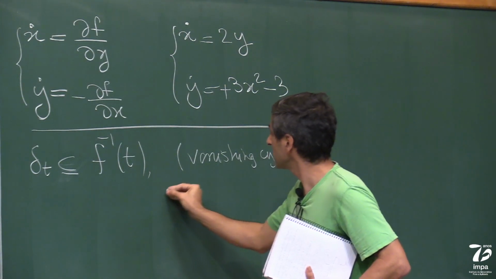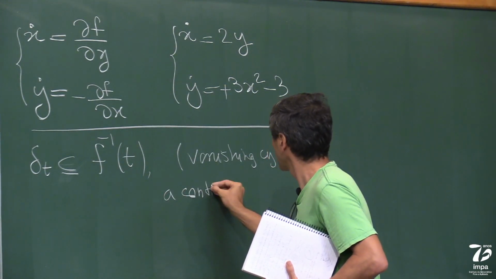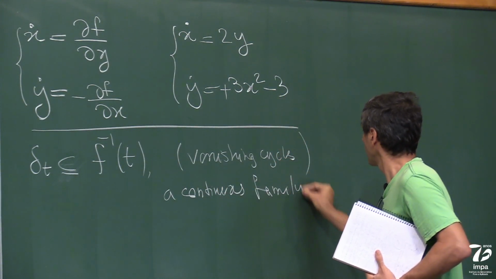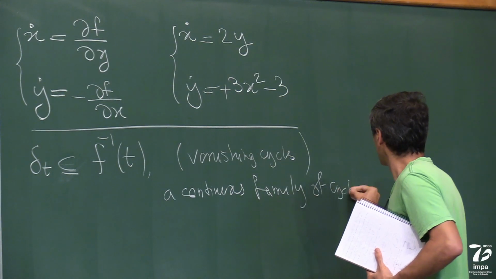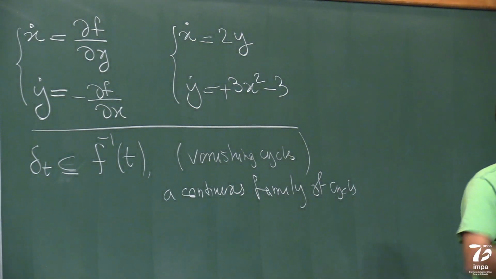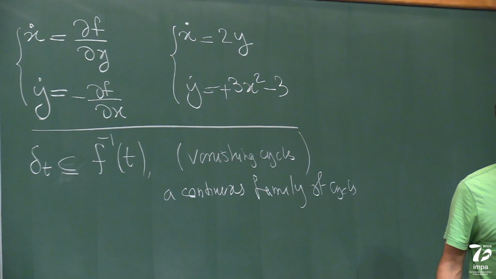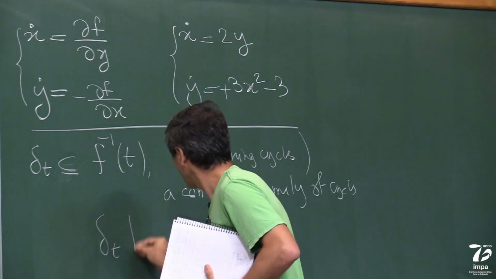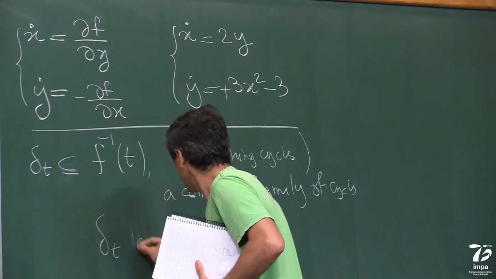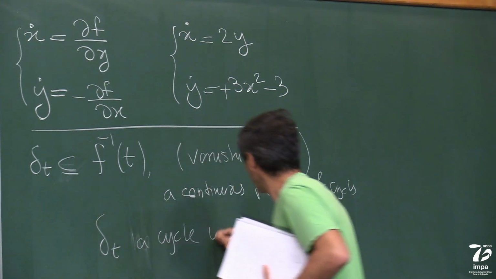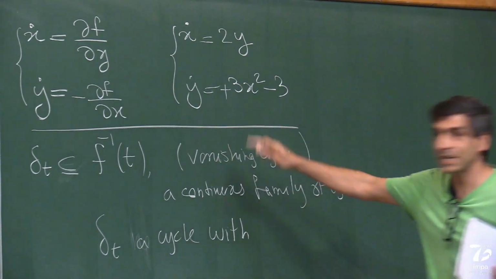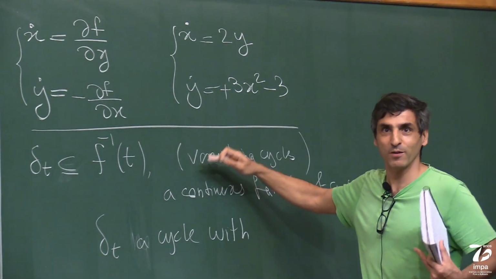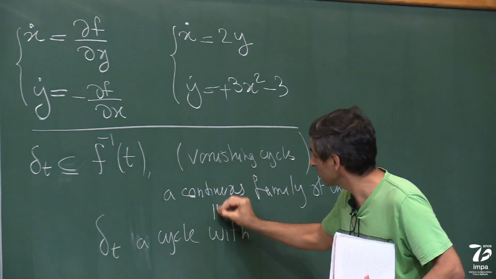Another name is a continuous family of cycles. And if you have done a holomorphic foliation course at IMPA, maybe delta t, a cycle with, so all these terminologies, they are the same. And vanishing cycle is more specific, but anyway, these two are the same.